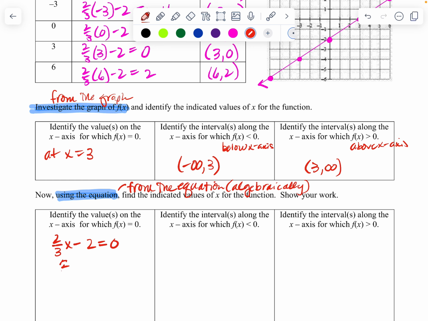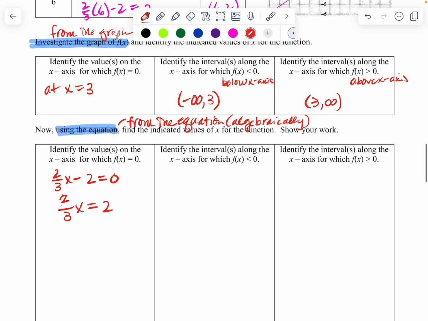That's going to be 2/3 x equals 2, because we're going to add 2 to both sides. And then the way we get rid of 2/3 as a fraction is we multiply by the reciprocal. Over here on the left, multiplying by the reciprocal, this equals 1, 6/6, or they cancel, and you're left with x.